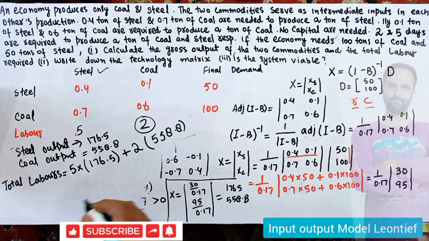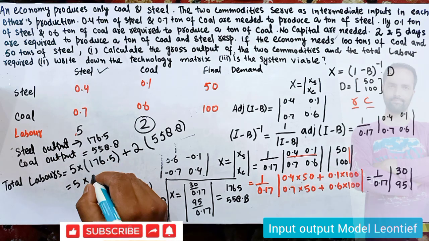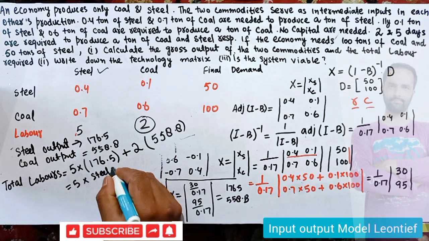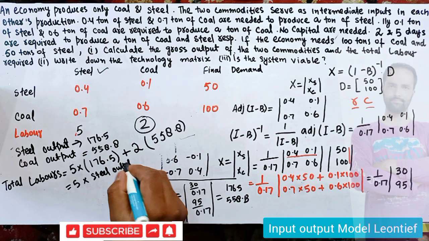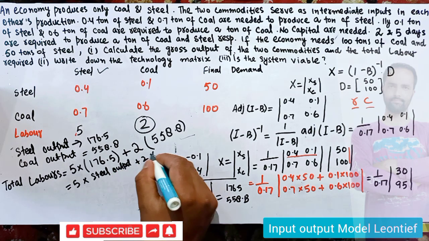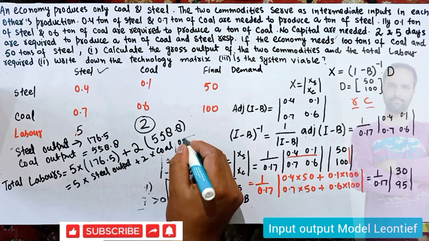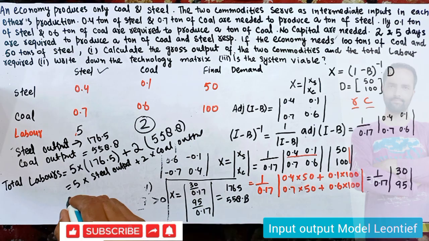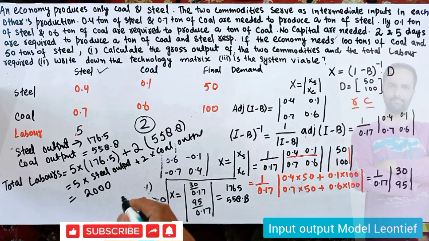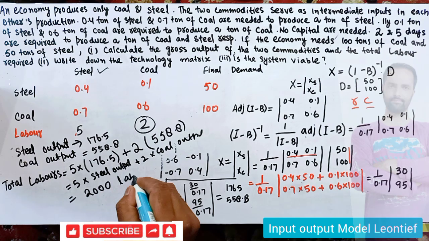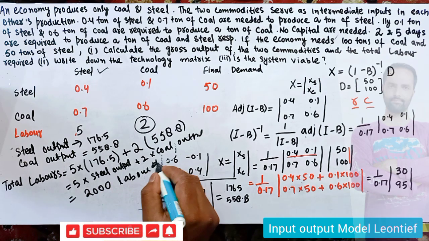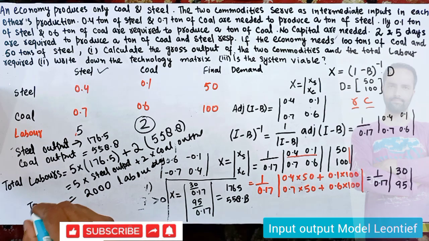You can also write it like this: 5 into our steel output plus 2 into coal output. This will come out to be approximately 2000 labor days. So total labor required will be equal to 2000 labor days.